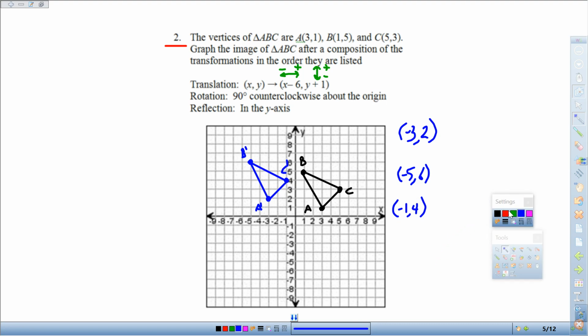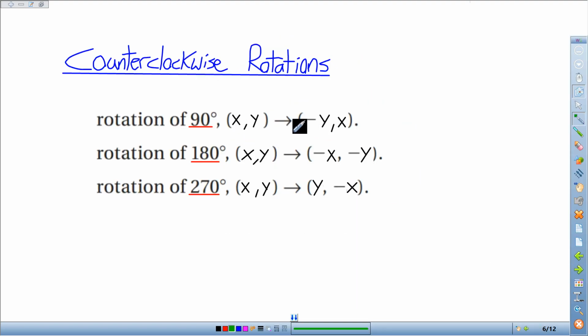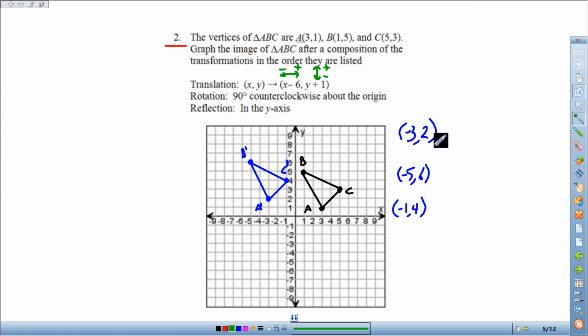All right, cool. Now I can apply my rotation rule. Again, I'm flipping my two numbers and then changing the y. If you guys remember, I always suggest do those one at a time. First do the swapping or the flipping, and then do the changing of the sign. So I'm going to change this negative 3, 2. I'm just going to flip-flop these numbers to a 2, negative 3. But it's my y value that's changing. So if it's a positive 2, now it's a negative 2. Okay, and that's the idea.